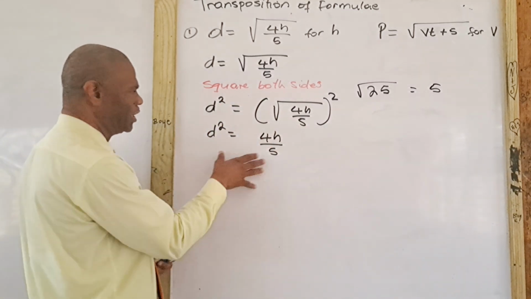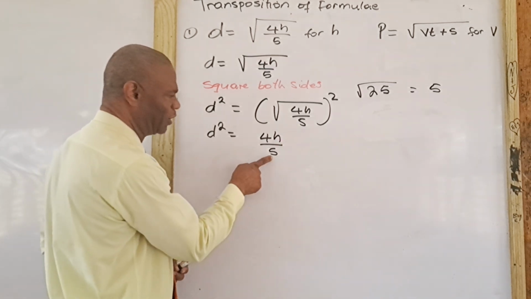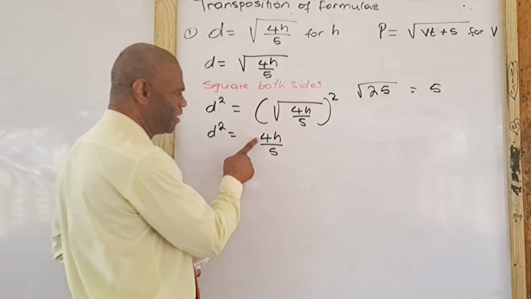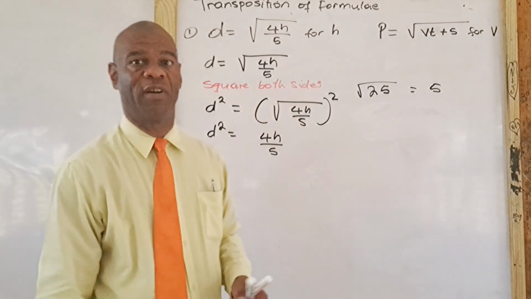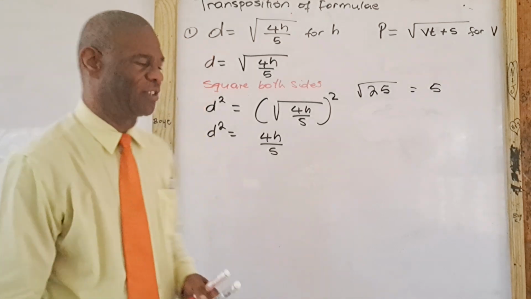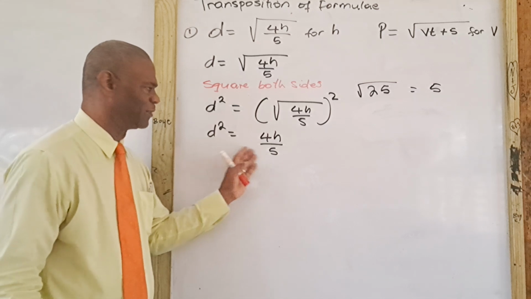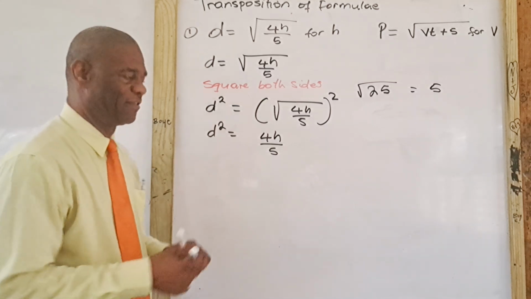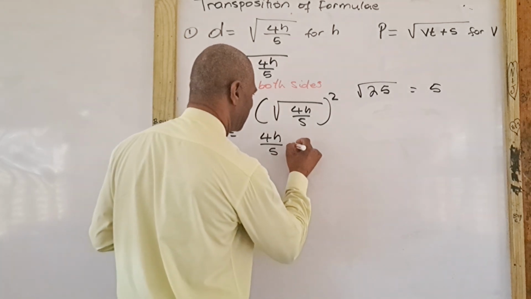Now, since we want to make h the subject of the formula, we need to get rid of this 5. So we have 4 times h divided by 5. To undo division, we must multiply. Very good. So we're going to multiply both sides of the formula by 5.